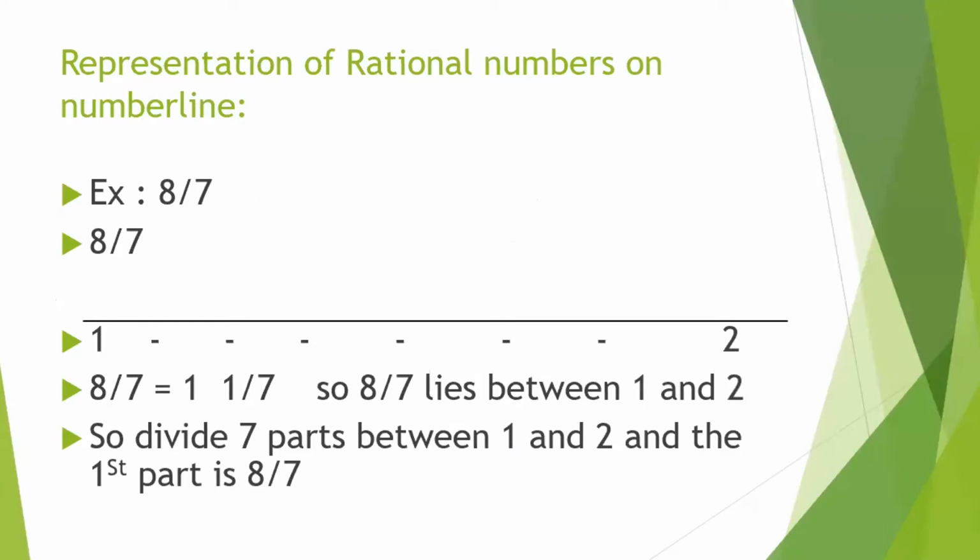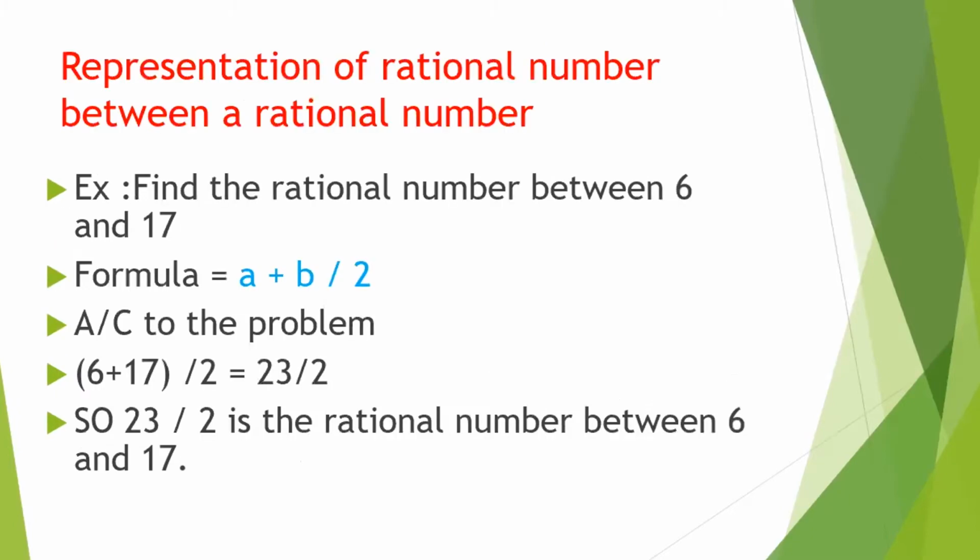So, the fraction 8 by 7 lies between 1 and 2. So, we have to divide into 7 parts because the denominator is 7. So we have to divide 7 parts between 1 and 2. As the numerator is 1, we have to pick the first part. The first part is 8 by 7. In the same way, we have to represent rational numbers on the number line.